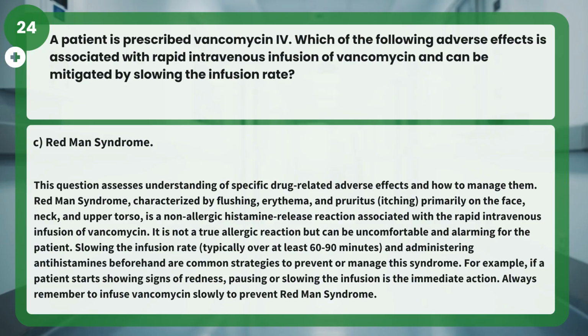Slowing the infusion rate, typically over at least 60 to 90 minutes, and administering antihistamines beforehand are common strategies to prevent or manage this syndrome. For example, if a patient starts showing signs of redness, pausing or slowing the infusion is the immediate action. Always remember to infuse vancomycin slowly to prevent red man syndrome.